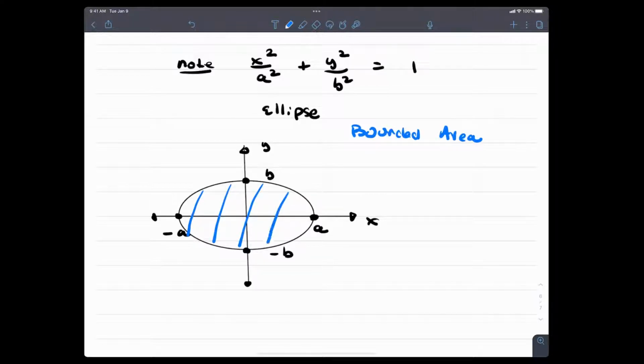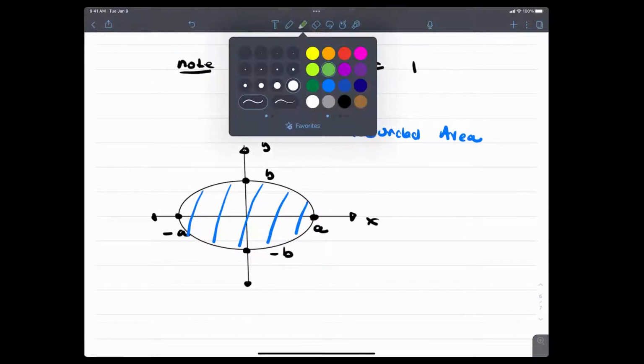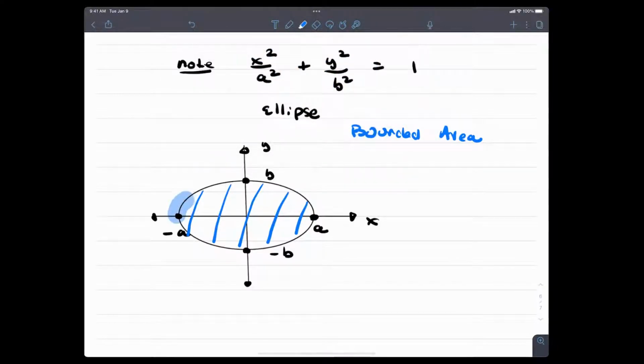There's a classic derivation of how to find bounded area for an ellipse. And here's how you go about it. You know this top curve, right? You're going to try to find the area under this curve here.